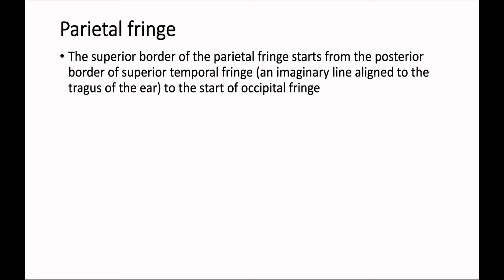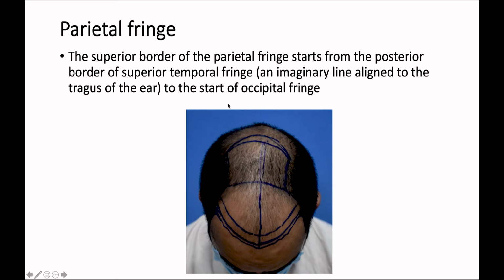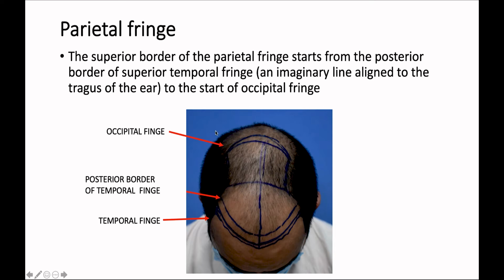Now the parietal fringe: the superior border of the parietal fringe starts from the posterior border of the superior temporal fringe, an imaginary line aligned to the tragus of the ear to the start of the occipital fringe. This is the parietal fringe, this is the temporal fringe, this is the posterior border of the temporal fringe, the superior border of the temporal fringe, and this is the occipital fringe.